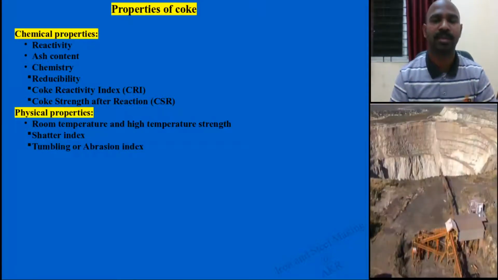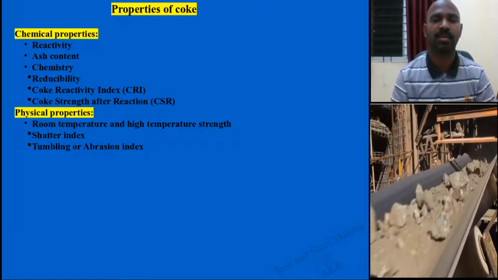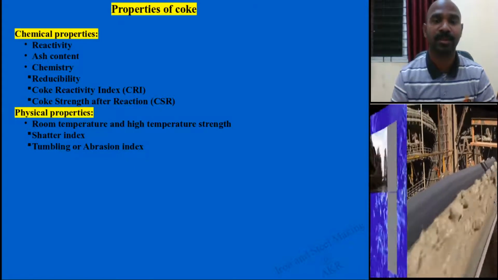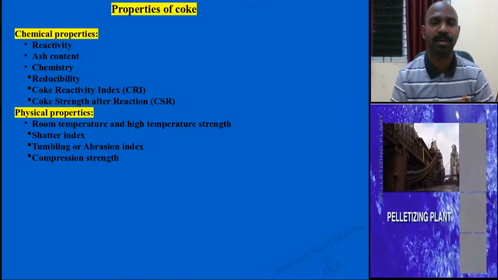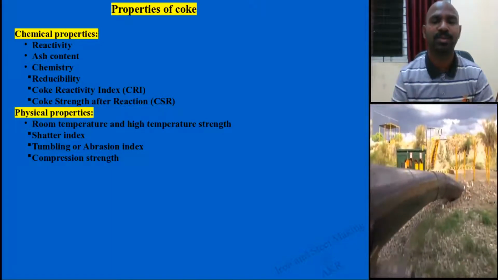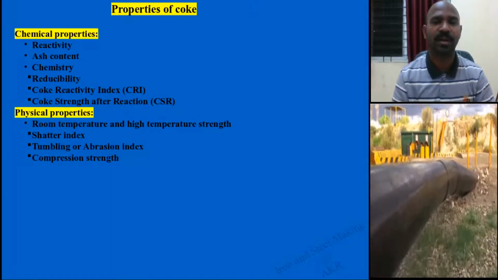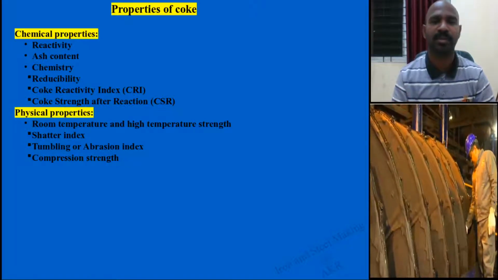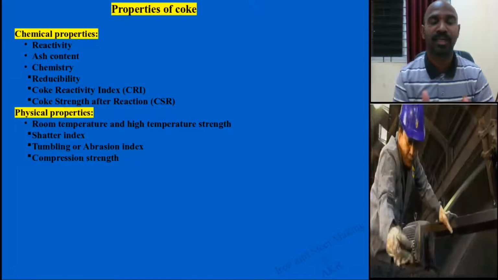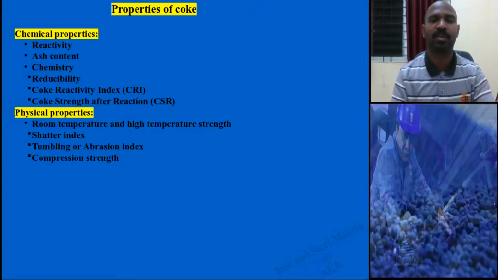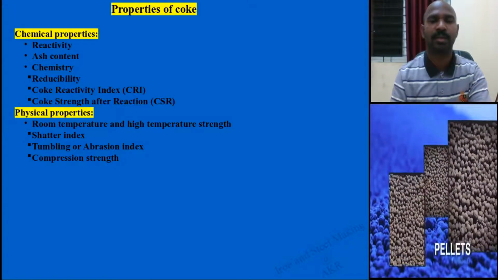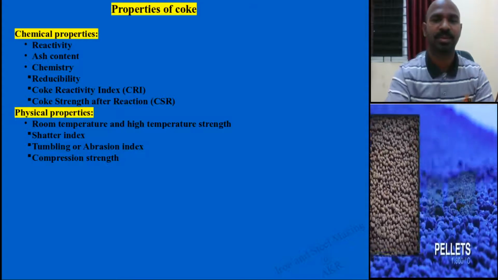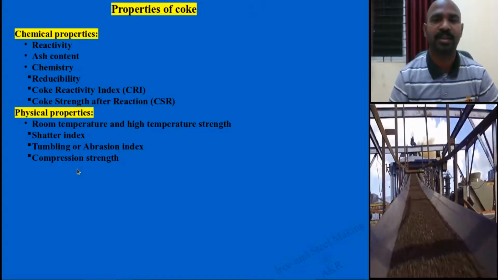Due to the abrasion of coke, how much strength is retained. And compression strength during the storage of the coke before production of iron. Due to lying down in storage, what is the compression strength of the coke? These particular properties will be discussed in the next few minutes.